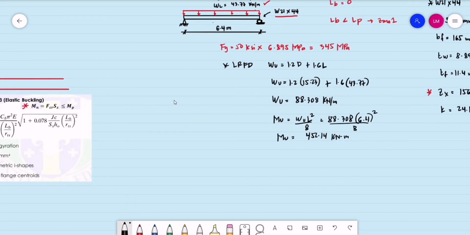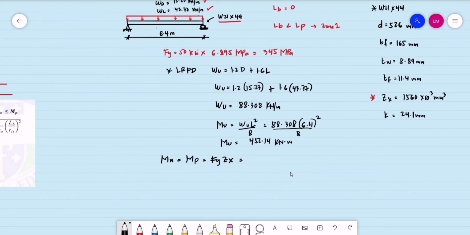Our equation under F2 for the computation of the nominal moment capacity for compact sections, M sub n, or M sub p, is equal to Fy multiplied by Zx.